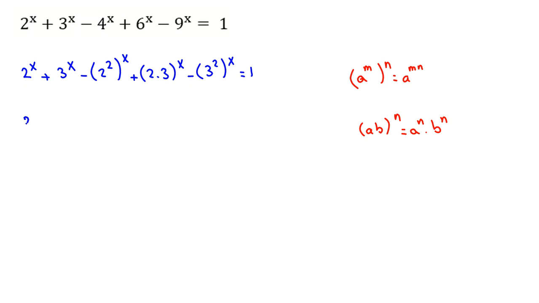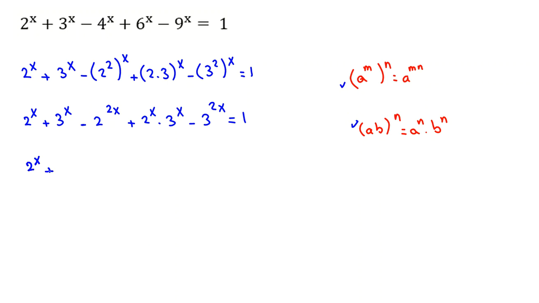First one is 2 to the x plus 3 to the x minus 2 to the 2x plus 2 to the x times 3 to the x minus 3 to the 2x equal to 1. We've applied these two rules.